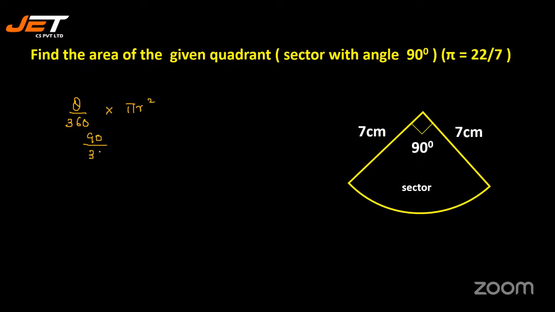So 90 by 360 into 22 by 7 into radius 7 into 7. 7 ones are 7, 9 ones are 9, 7 twos are 14, plus 8 by 4. So this is the area. All right.